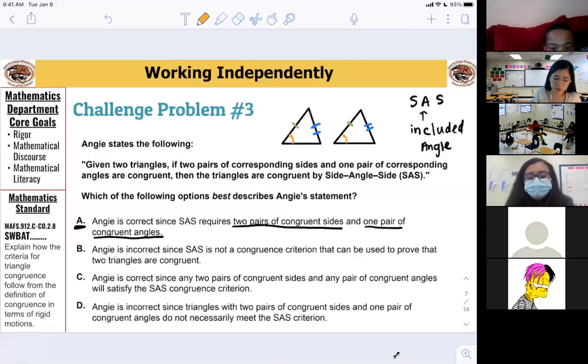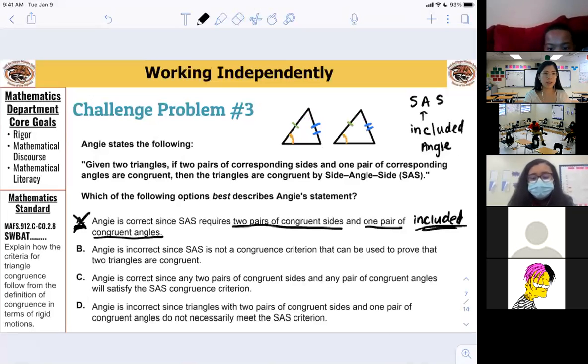So when you use SAS, it has to be two pairs of corresponding sides and the included angle. It would have to say the word included somewhere. So it can't be A.